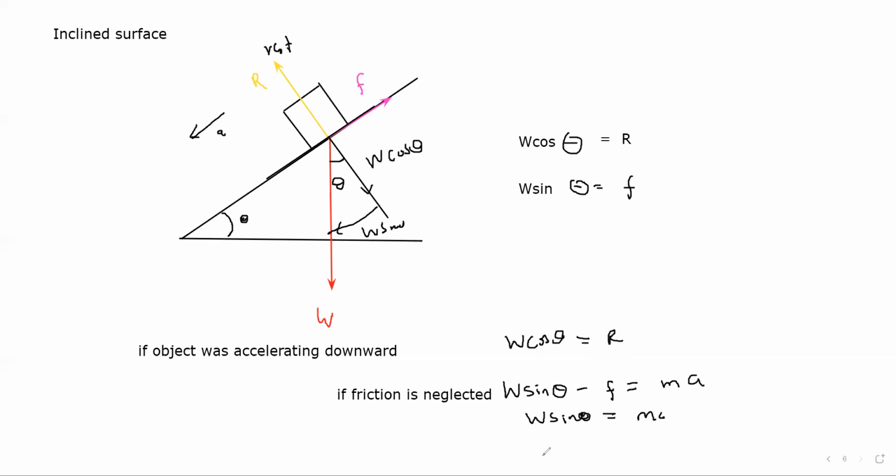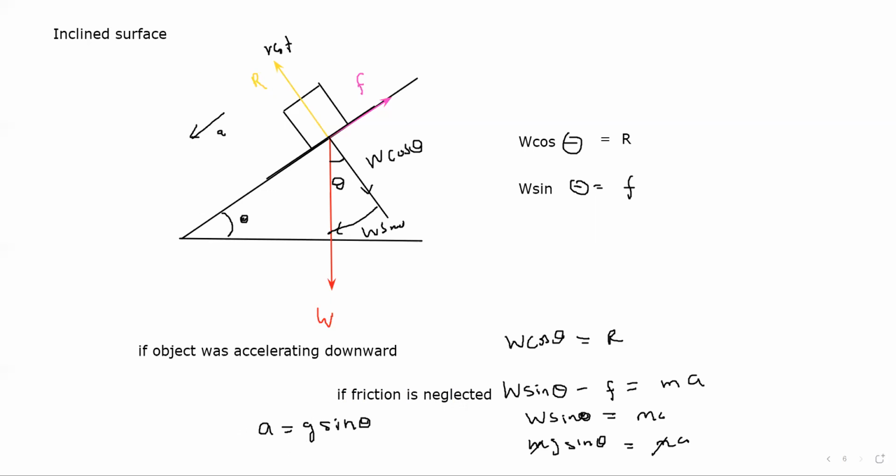W is equal to mg. So in place of W, we can write mg. So we can say mg sin theta is equal to ma. This m will cancel with m. So on an inclined surface, if friction is neglected, the acceleration is equal to g sin theta.